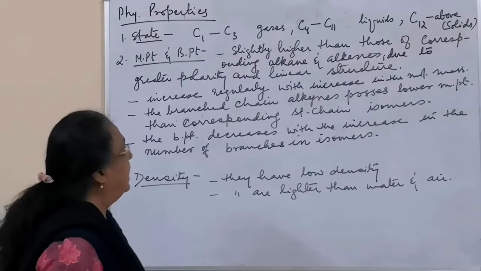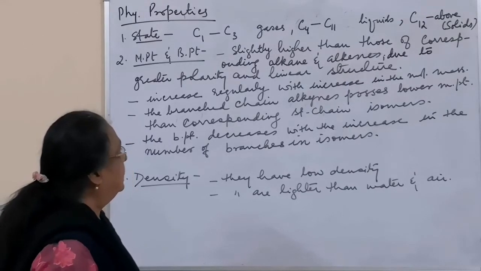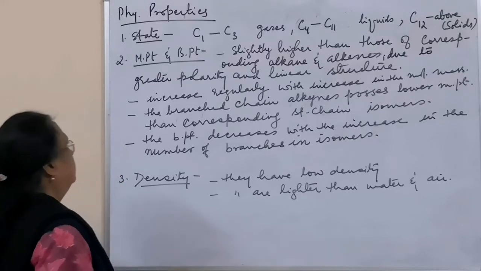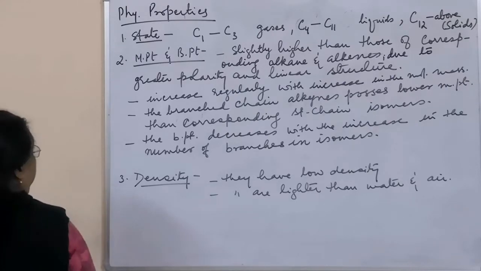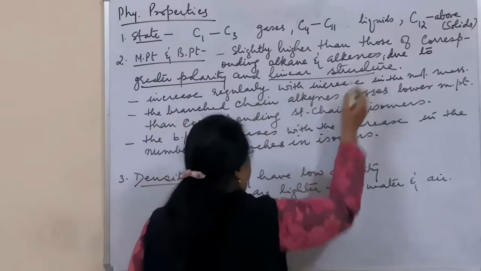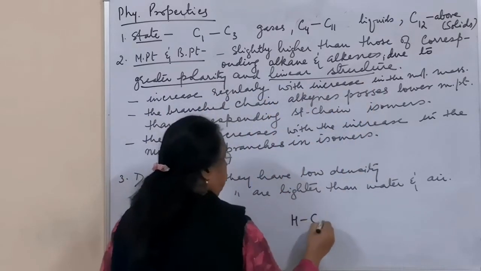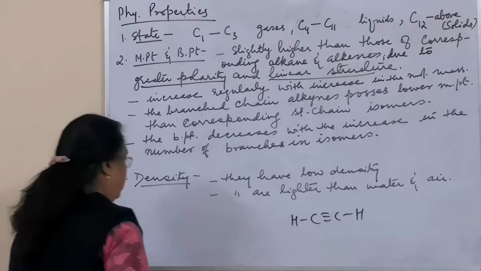Ethyne will have a slightly higher melting and boiling point than ethane and ethene because of 2 reasons: greater polarity and linear structure. Linear structure means straight.